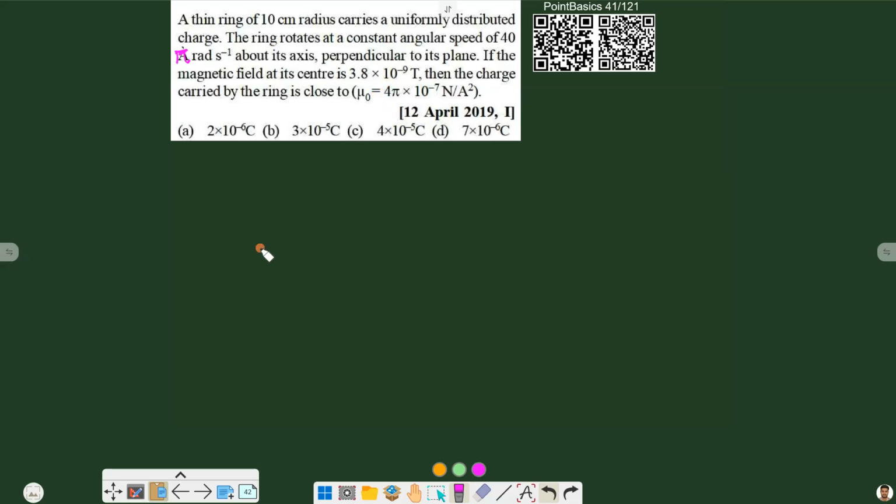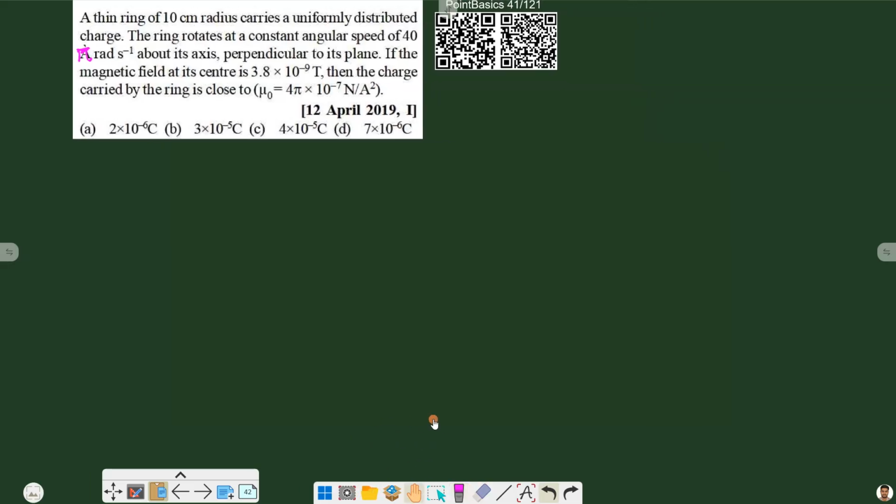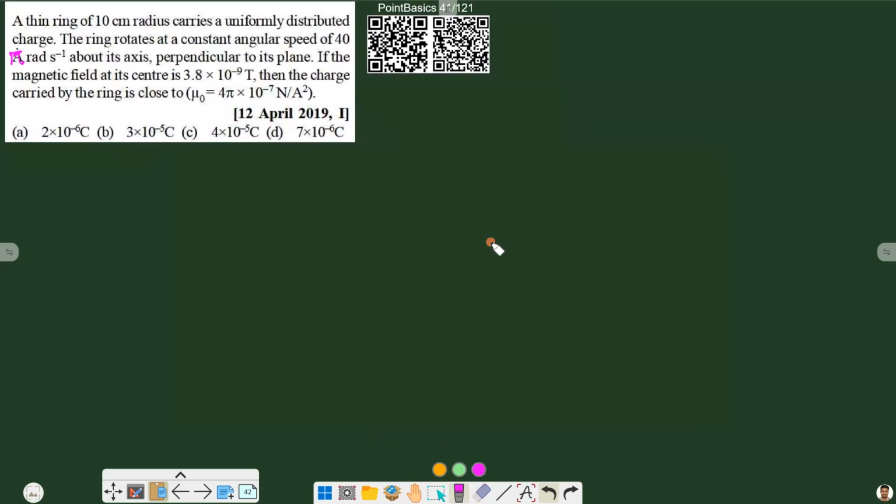It is mentioned that the angular speed is 40 pi radian per second, means omega is 40 pi radian per second. And we know that 2 pi radian is equal to 1 rotation.